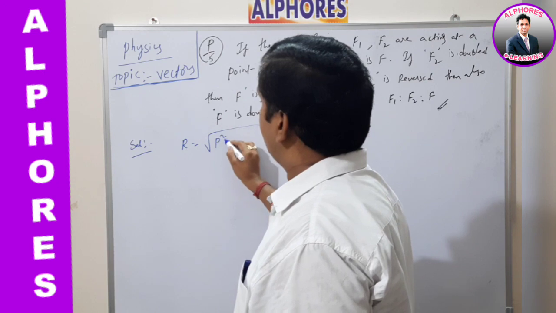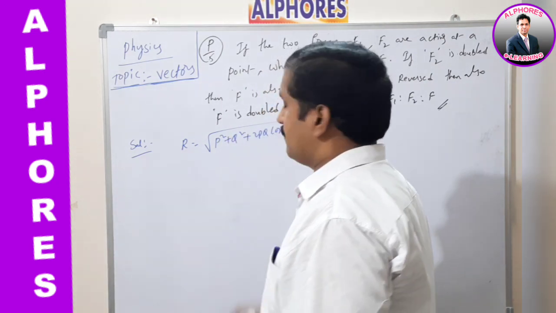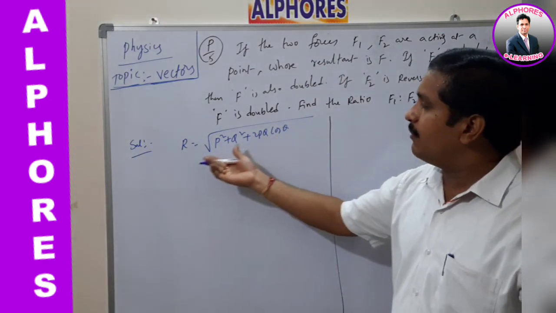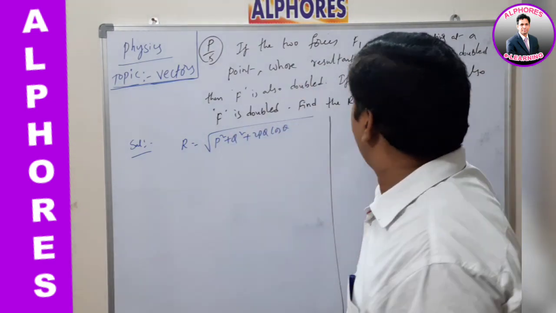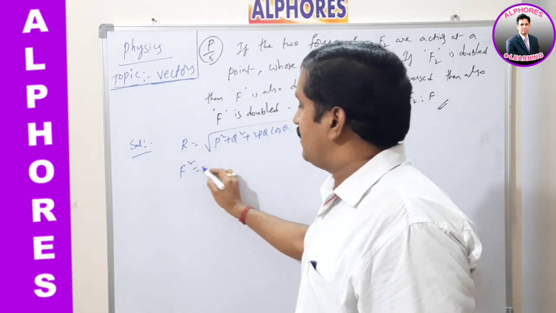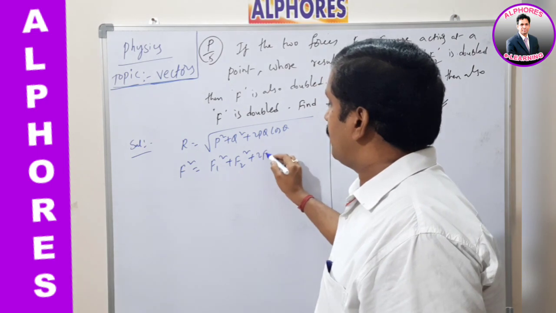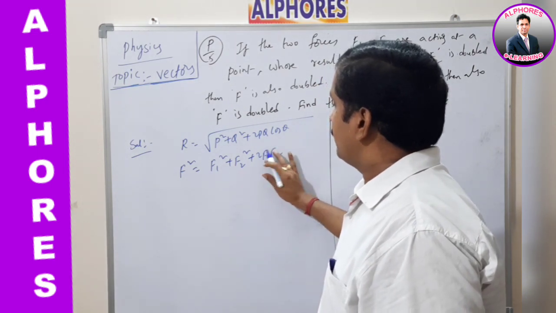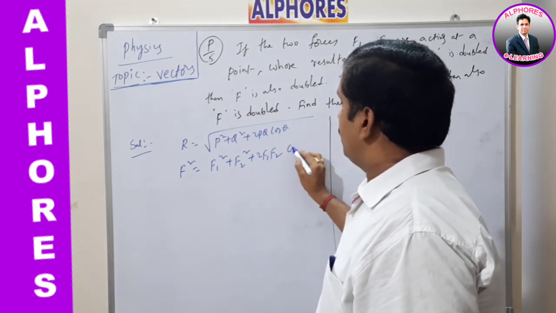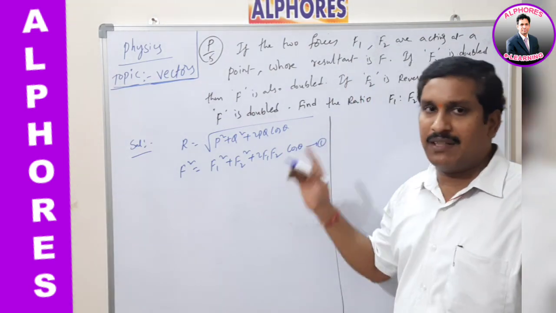R is equal to root of P square plus Q square plus 2PQ cos theta. So as per this resultant between the two vectors, now we have to substitute. In place of the resultant force, it is nothing but F, so F square is equal to F1 square plus F2 square plus 2F1 F2 cos theta. Equation number 1. This is the first condition as per the given data.